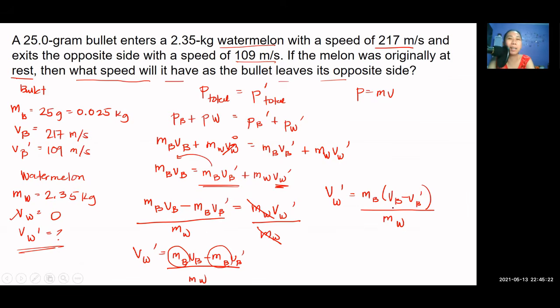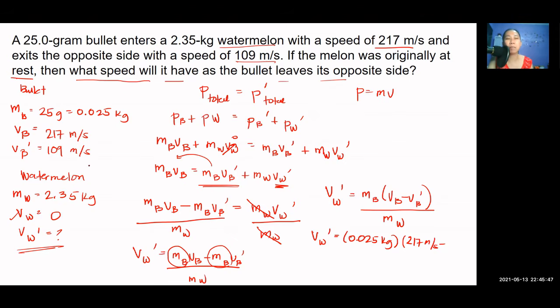Yan. So, ngayon na meron ka nang equation, madali na ngayong mag-substitute. So, substitute na natin yung values. Meron tayong vw prime is equal to, ang mass ng ating bullet is 0.025 kilograms, multiply sa vb. So, initial velocity natin is 217 meters per second.